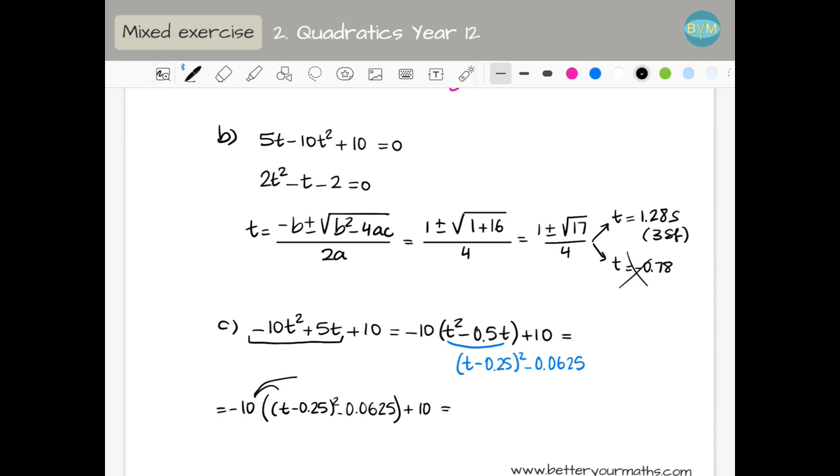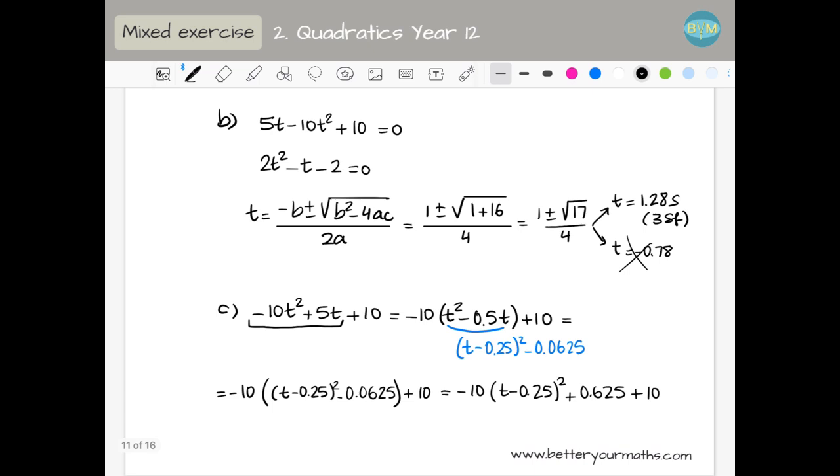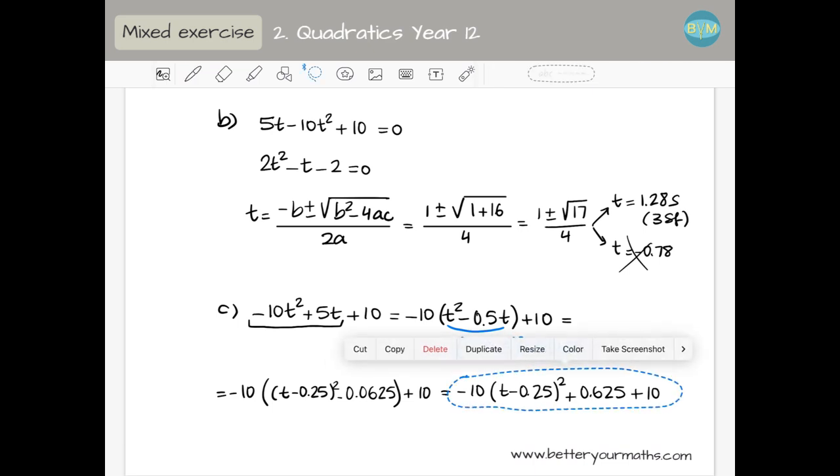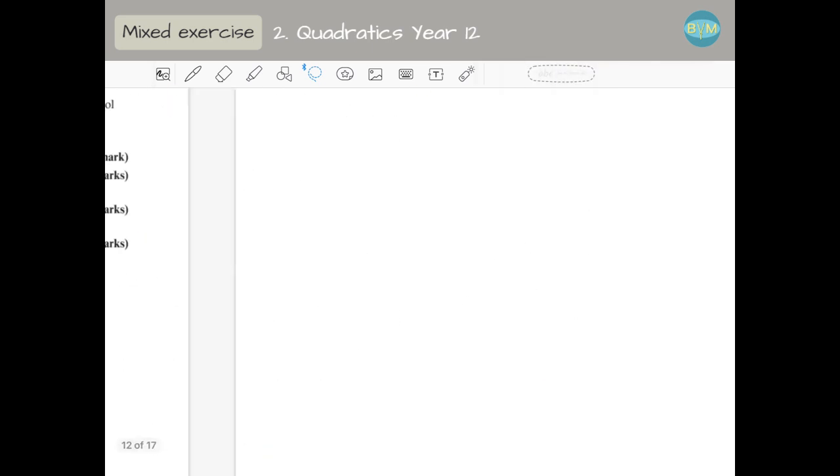Expand this bracket here, and I have minus 10 multiplying the t minus 0.25 squared, minus 10 times that, so positive 0.625, and I still have here the plus 10, which means I don't have much space, so I'm going to do it on another page.